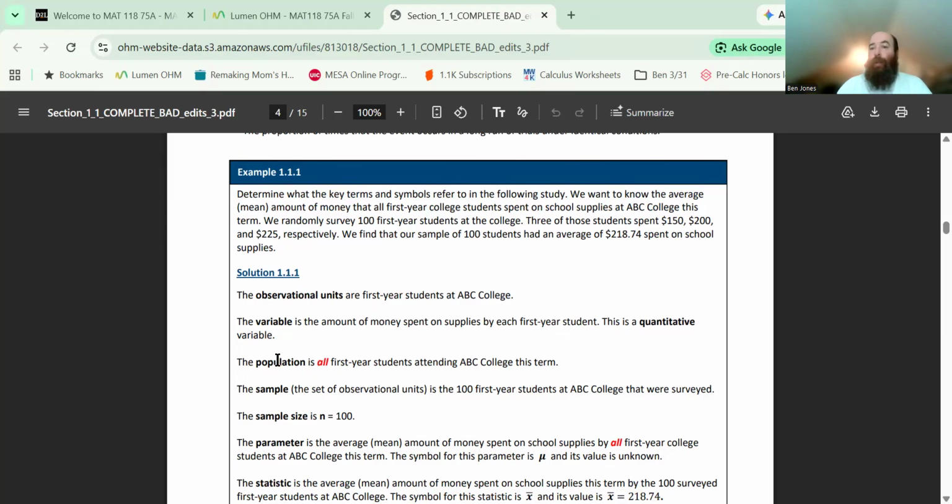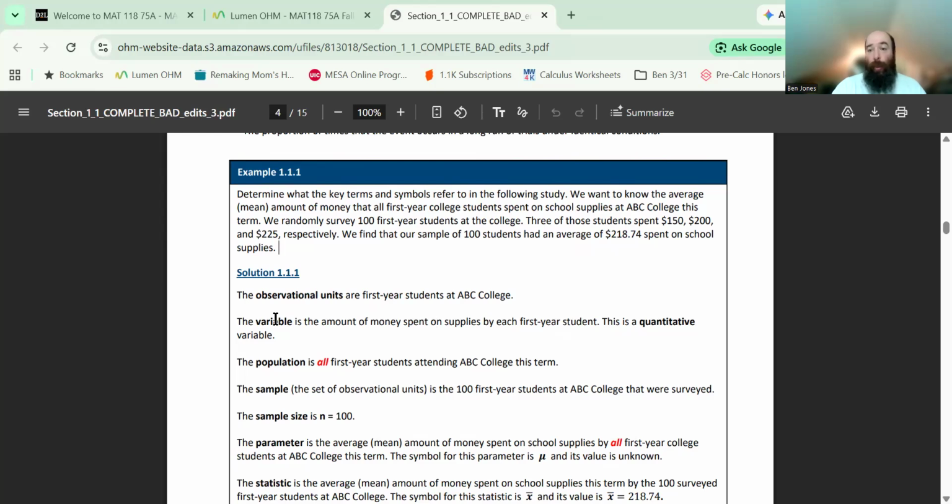So it would be all the first-year students at this college. Each individual thing or attempt that makes up the population would be an observational unit. So the observational unit is each individual first-year college student at this college.